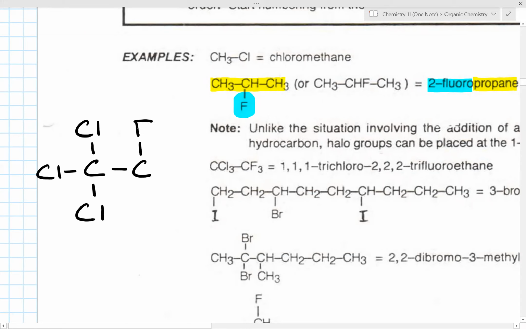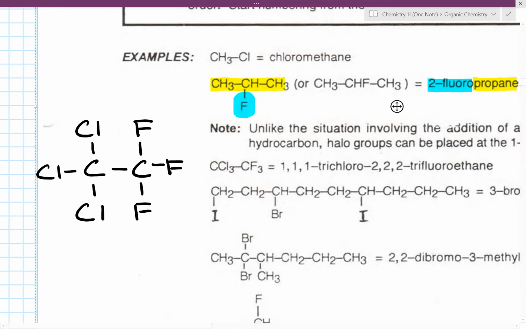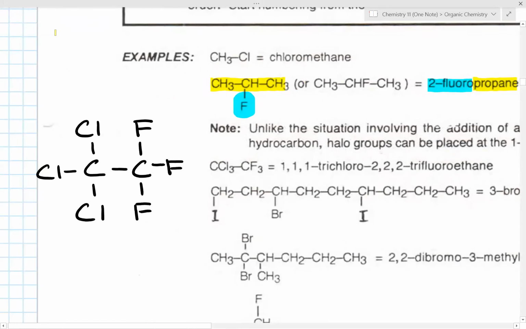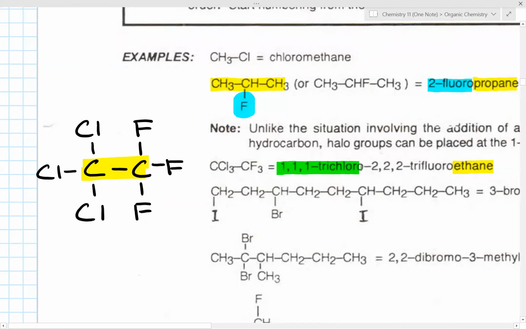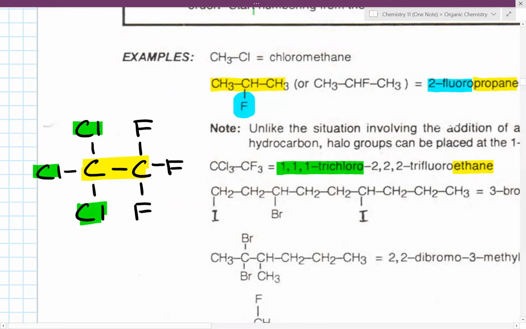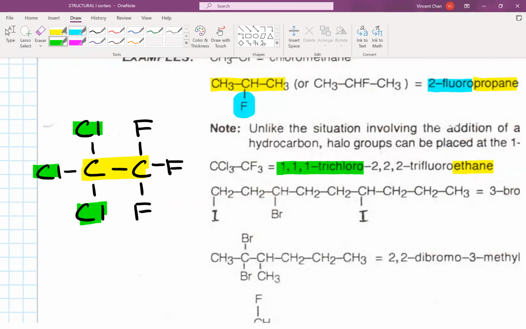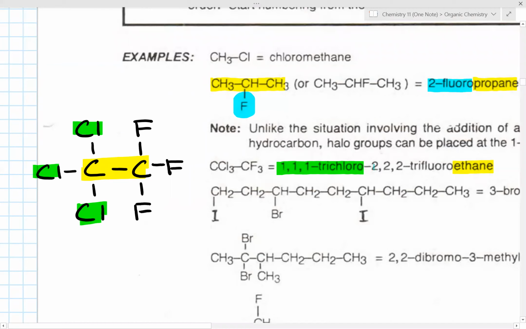C, F, F, F. Okay, so here the ethane is right here. 1,1,1-trichloro right here. And then 2,2,2-trifluoro is right here.